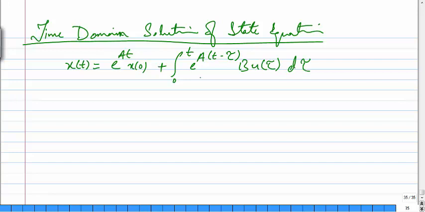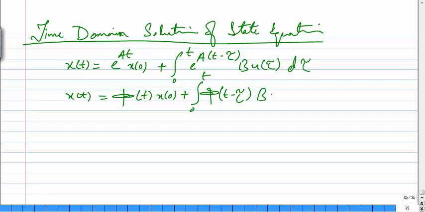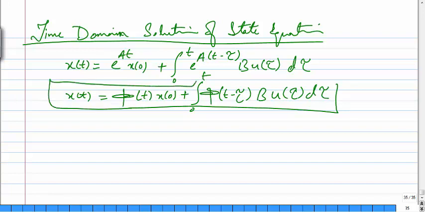So this is the equation where we can calculate the response, or we can say that for the state variable we call it phi of t x of 0 plus the integration, but here we have phi of (t minus tau) B u of tau d tau. So this is the equation that we get when we do the inverse Laplace.